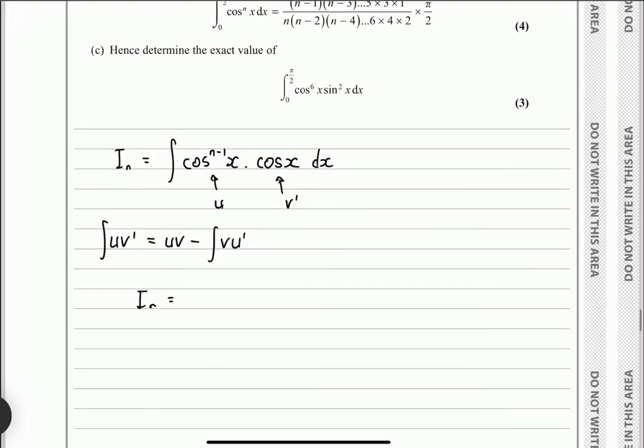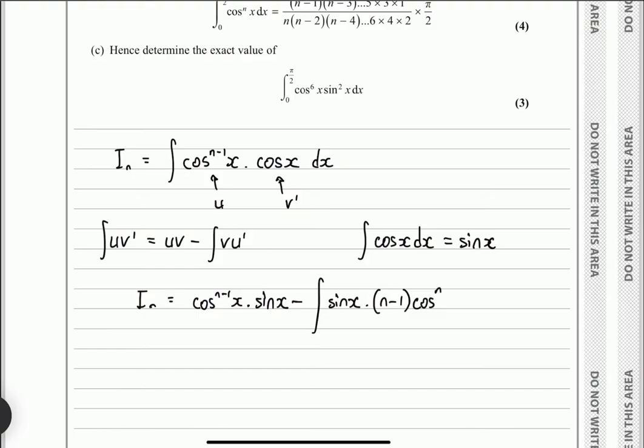So I_n is equal to u, which is cos^(n-1) x, and if I put on the side here the integral of cos x is equal to sin x, so this is multiplied by sin x, minus the integral of v, which is the sin x we just found, times the derivative of cos to the power n minus 1 x, which is n minus 1 cos to the power n minus 2 x multiplied by the derivative of the thing in the brackets, although I didn't actually put brackets around it, but that is going to give us a minus sin x.